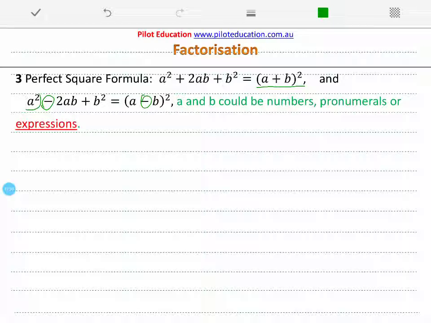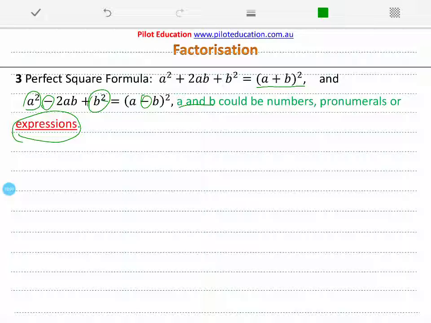Remember, the last term must be positive, because the first and the last term refer to something squared, which must be a non-negative number. Similarly, a and b could be numbers, pronumerals, or expressions. Could be x plus 1, x plus 2, x plus 3, or 2x plus 1, or anything.